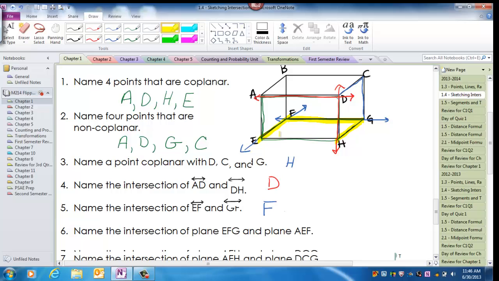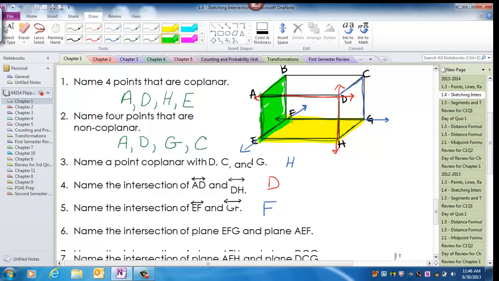Well, H. So this would be the whole plane here. And then plane AEF. So find point A and E and F. Find another point that would also be on the same plane on the same surface. And then you can shade that plane.